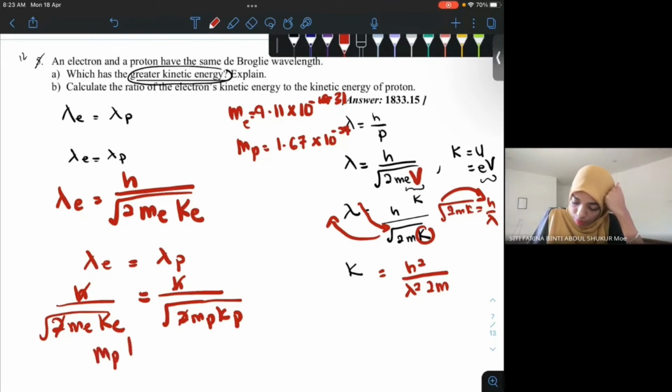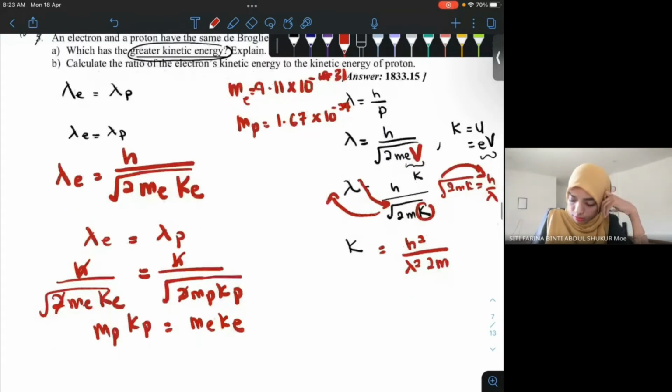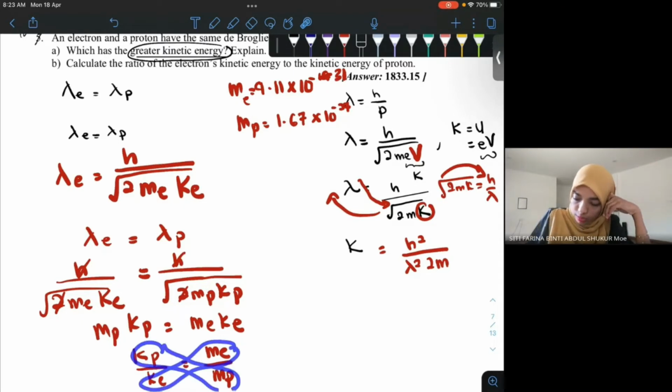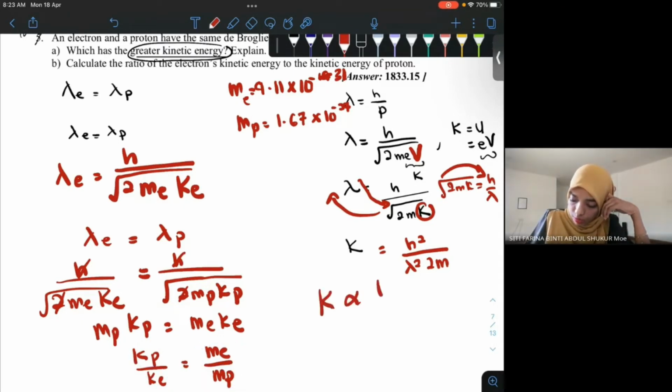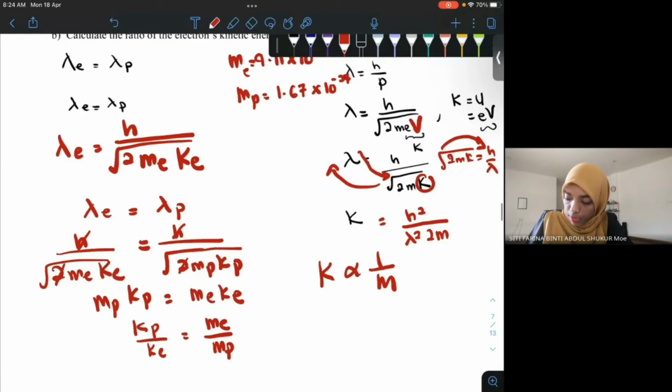MP KP is equals to ME KE. So KP over KE akan sama dengan ME over MP. So daripada sini, as you can see, your kinetic energy is inversely proportional to the mass. K is inversely proportional to the mass of the respective particle. Therefore, bila mass dia increase, kinetic energy akan decrease. Mass dia decrease, kinetic energy akan increase.